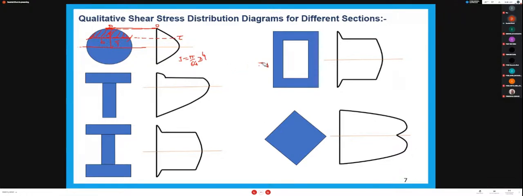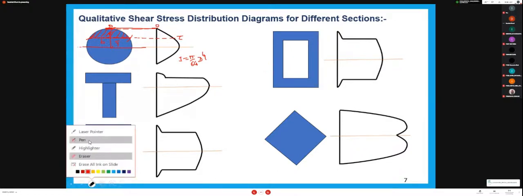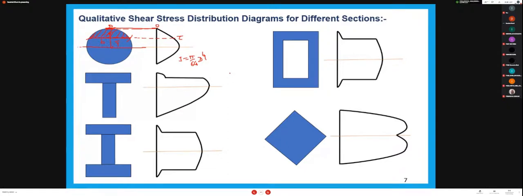Now, if you want to find the shear stress at the neutral axis, again we use the shear stress equation S A y bar divided by I into B. So consider the section at the neutral axis here. Now we consider the area above the neutral axis.